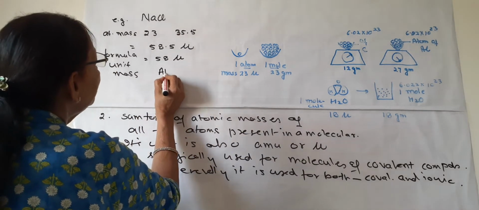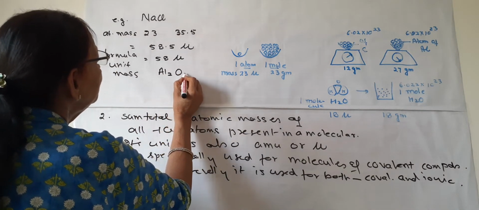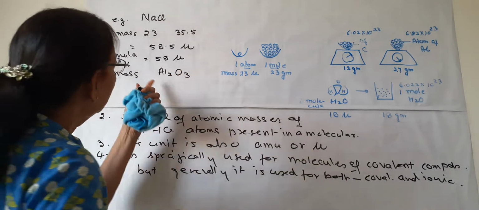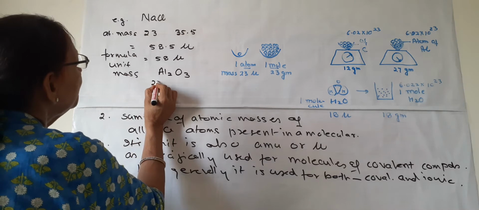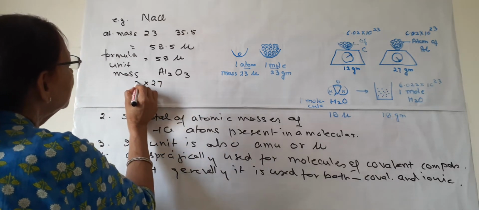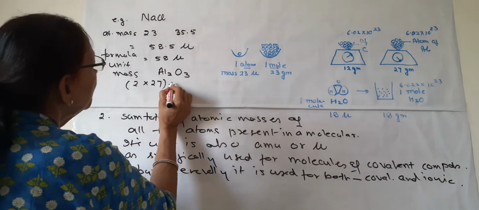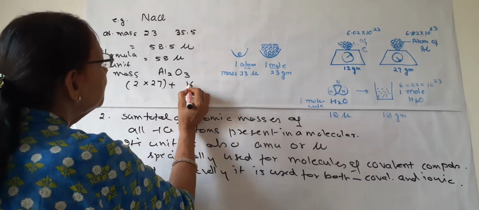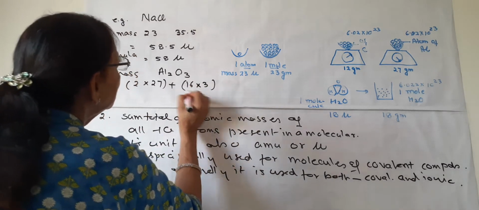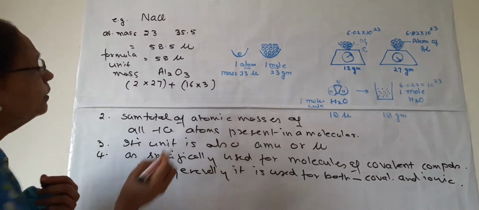Another example we can take is aluminium oxide. This is the formula for aluminium oxide, Al2O3. The atomic mass of aluminium is 27 and two atoms are there, so 27 into 2, plus the atomic mass of oxygen is 16 and 3 atoms are there, so 16 into 3.